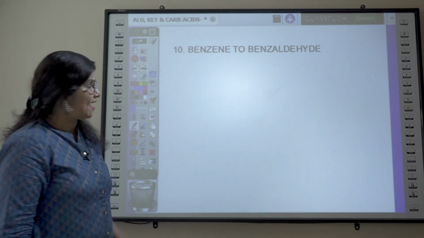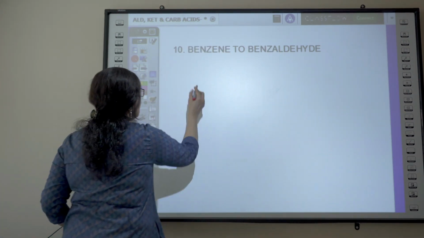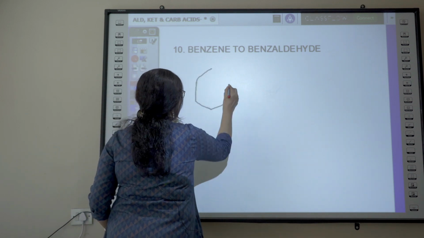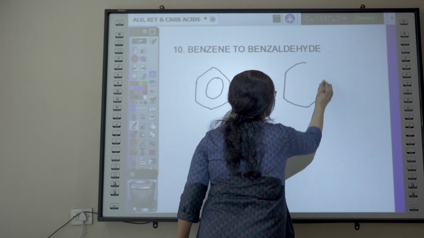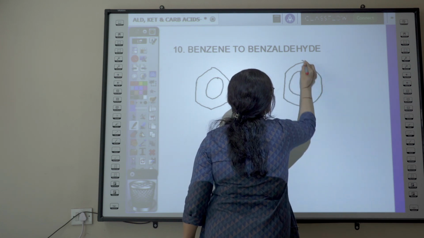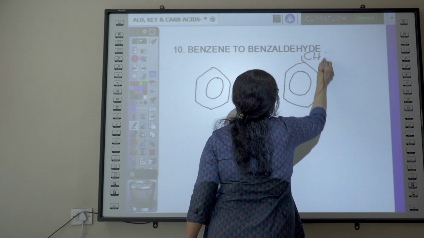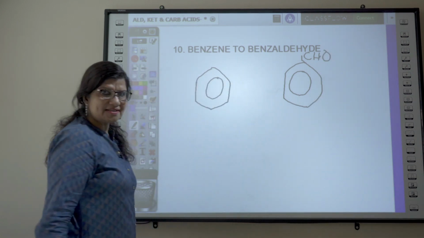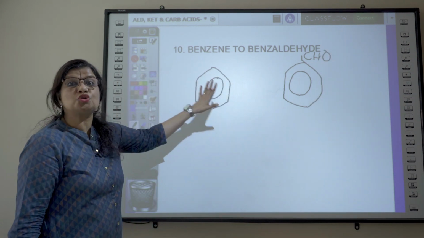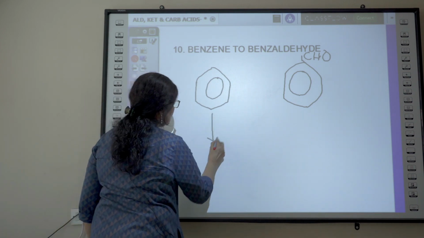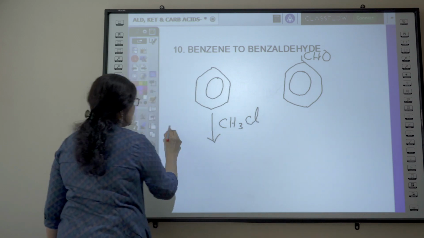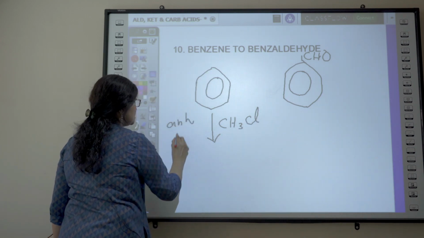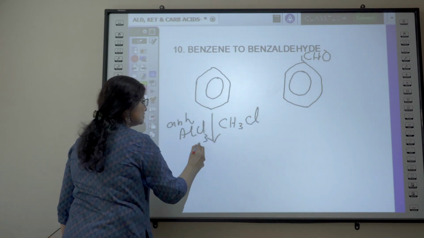Benzene to benzaldehyde. Now that interconversion is not difficult. Let's first write the structure of benzene to benzaldehyde, CHO. Right? We can convert benzene to toluene. So we can do alkylation, CH3Cl, CH3Br, in the presence of anhydrous aluminum chloride catalyst.